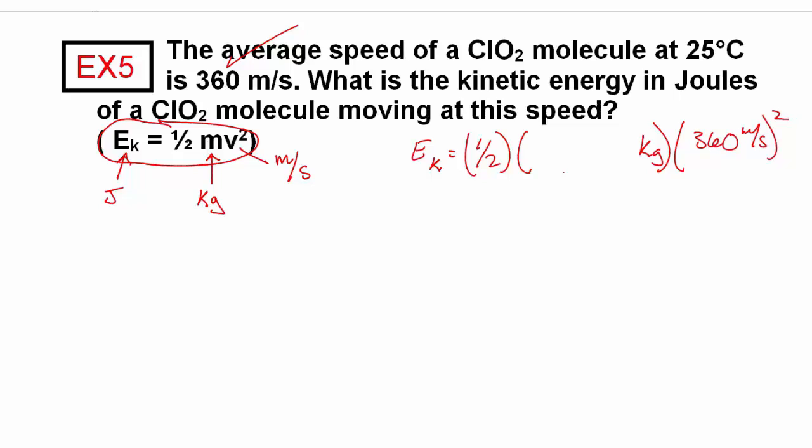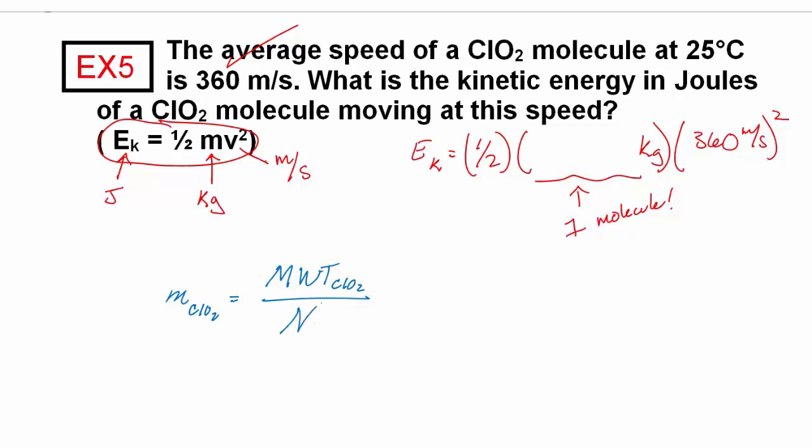We just need to find the mass of one molecule. Do you remember my suggestion? The mass of that one molecule is just the molar mass of chlorine dioxide, all over Avogadro's number.